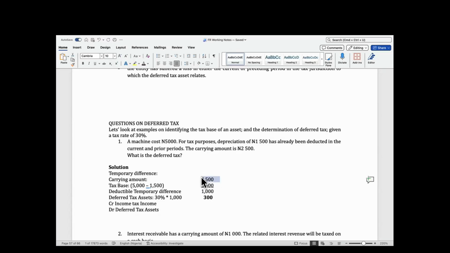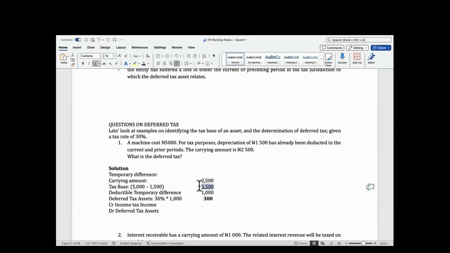This is my own depreciation that I will charge in the future. This is my carrying amount. The tax authority, this is the capital allowance they will give you in the future. This is the capital allowance they have not deducted.